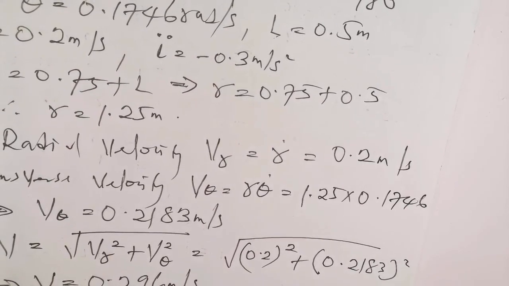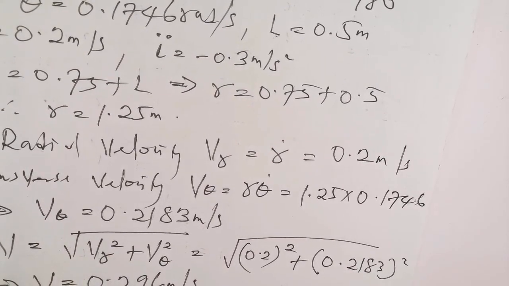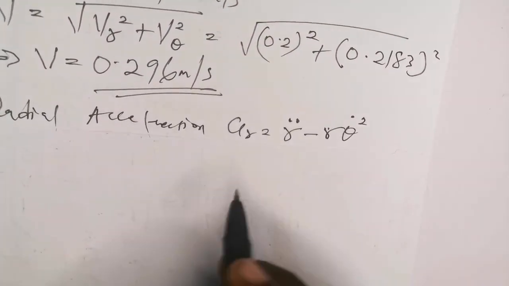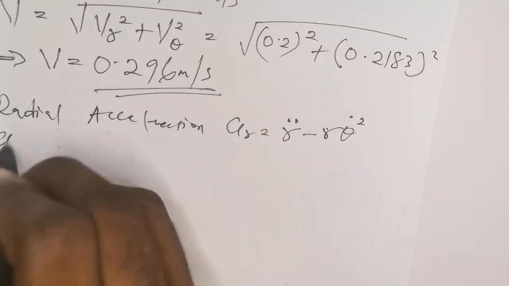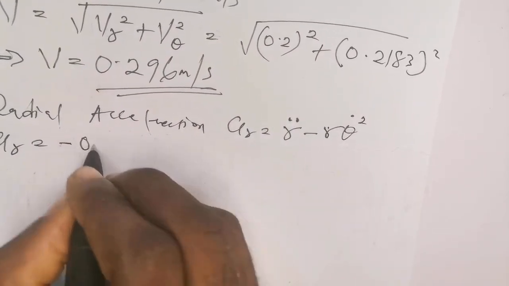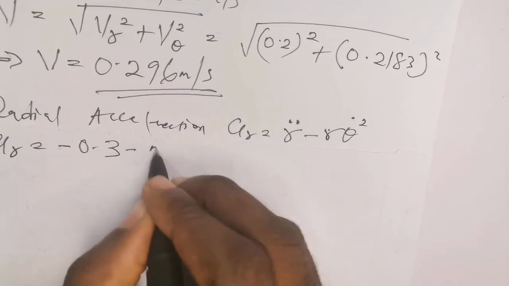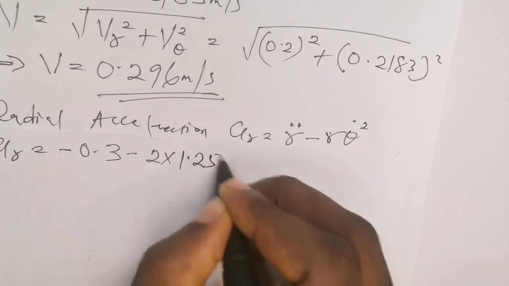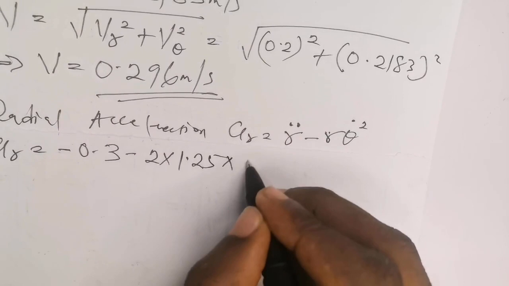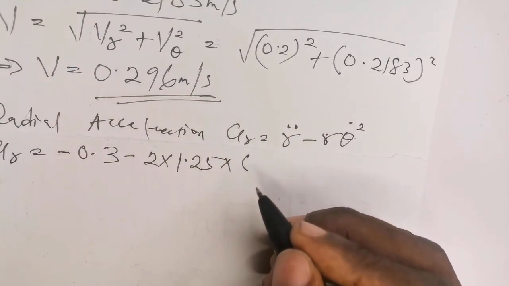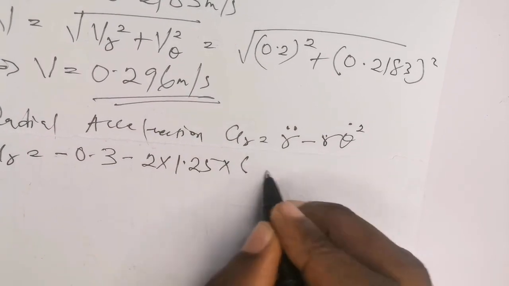So r double dot simply stands for r double dot. So the radial acceleration is equal to negative 0.3 minus 2 times r, and r is 1.25, times theta dot squared. Once more, theta dot will obtain the value 0.1746.